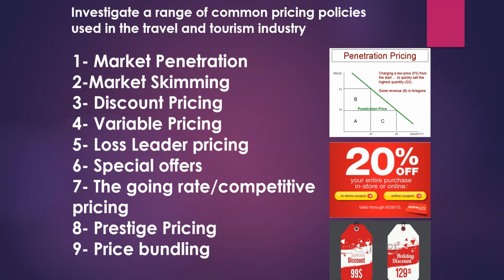Number 6, special offers. Special offers are a form of promotional pricing. This is a way of promotion. It is sometimes used as a form of competitor-based pricing. Okay? They use the special offers to pull customers away from a rival attraction.